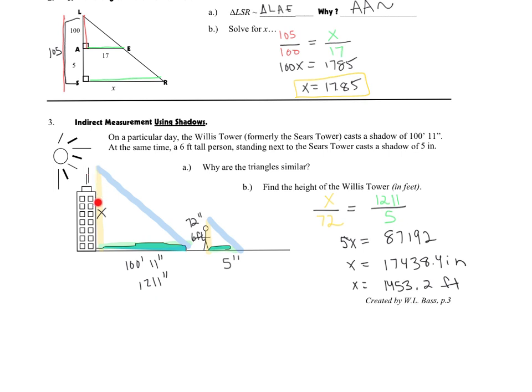We want to know how tall this building is, and that's our x. So we can set up our proportion that x is proportionate to 72, and the shadow of the building to the shadow of the person is this over here. If we cross multiply and divide, the first answer I have here is in inches, and if need be, we can convert that answer to feet.